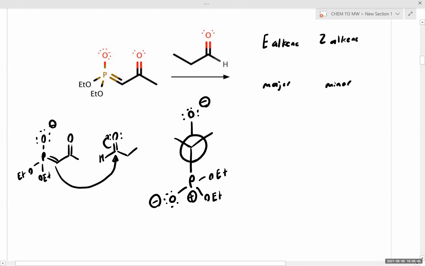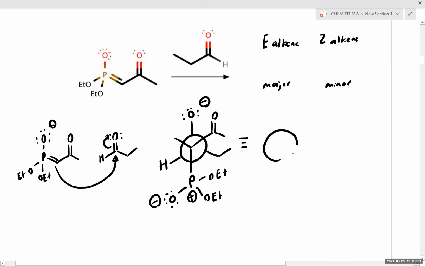Now, when we have a stabilized ylide, the E-alkene product is favored in most cases. So in terms of the Newman projection for our addition product, for the major product, it looks something like this.